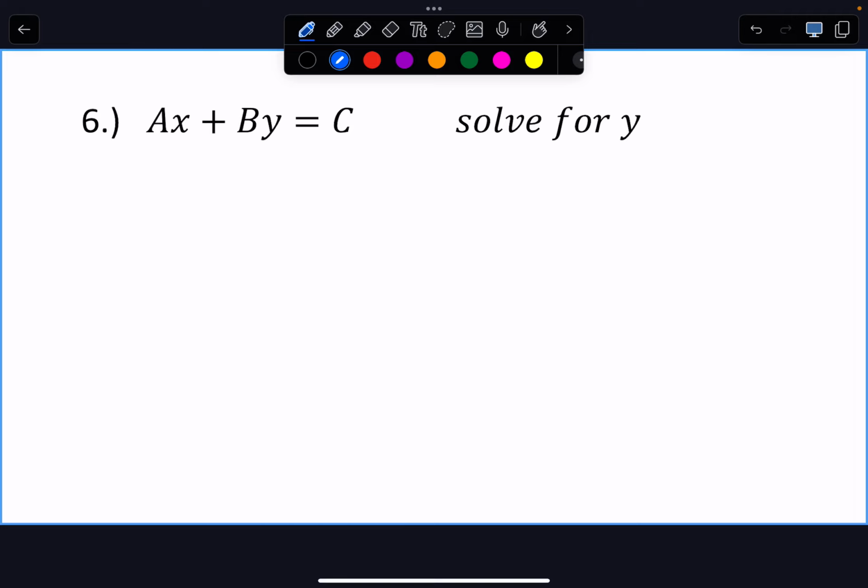What are we solving for? We are solving for y. Circle y. Y is because we're solving for y.